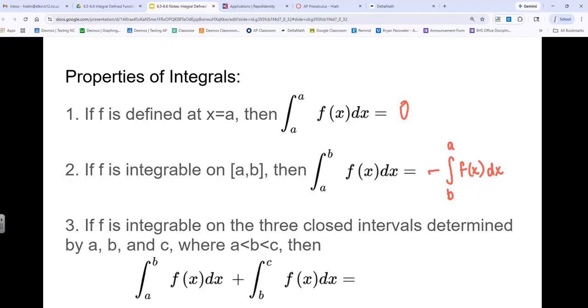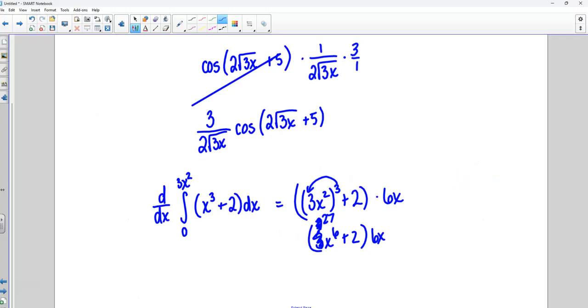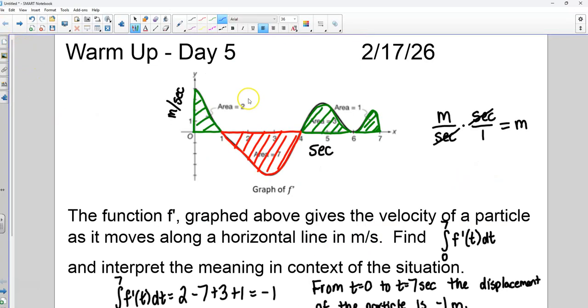If we are doing a problem from a graph, and we are looking at area above the curve or below the curve, think about that warm-up we were looking at. Let's flip over to this warm-up. If I had asked you to find the integral from 1 to 4 of f prime of x dx, then the answer would be -7.